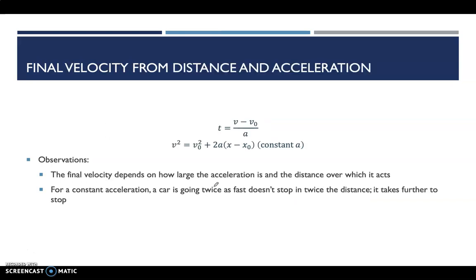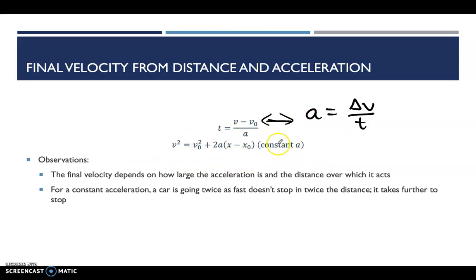Now we have the final velocity from distance and acceleration. This is the same as saying acceleration equals delta v over t, just with a little bit of rearranging. And then we get this next equation here.